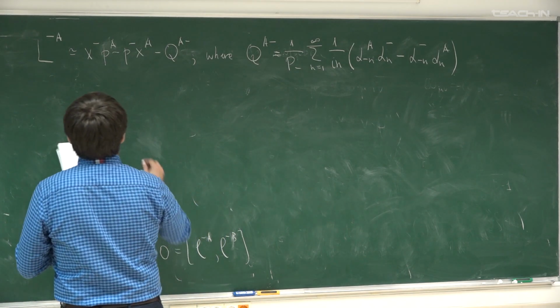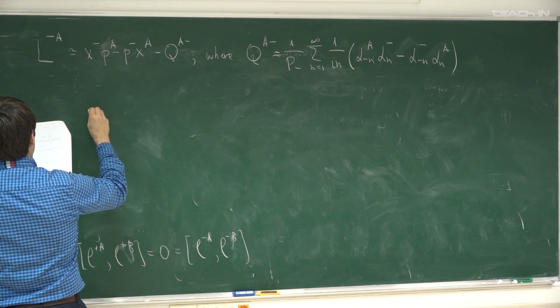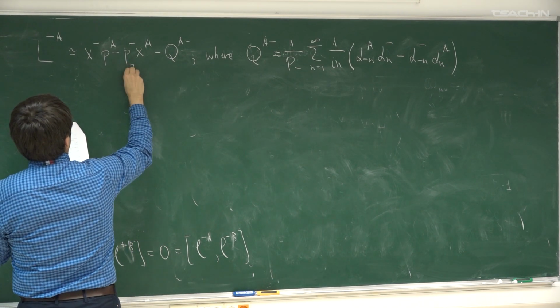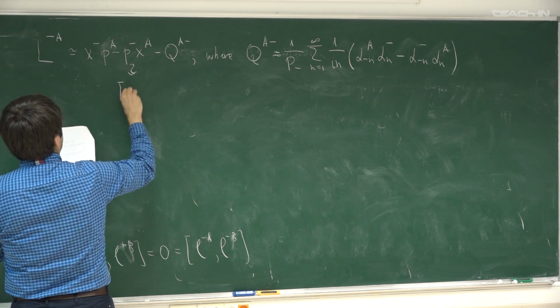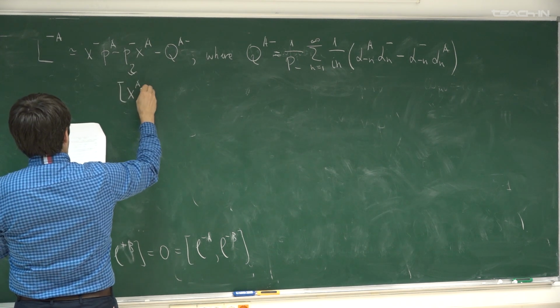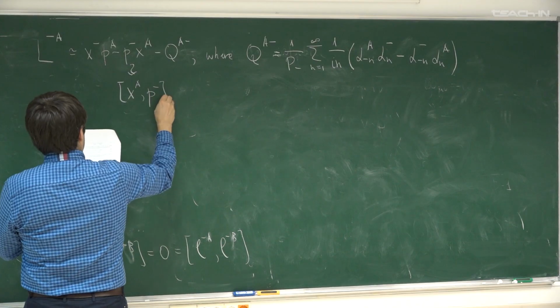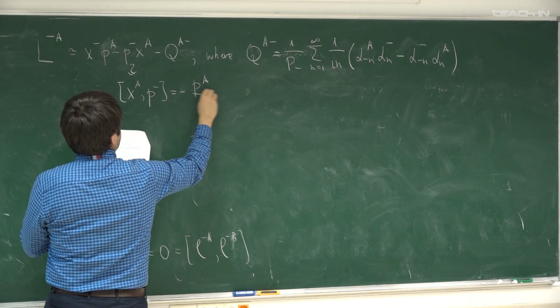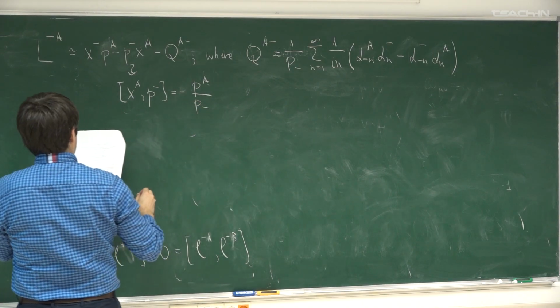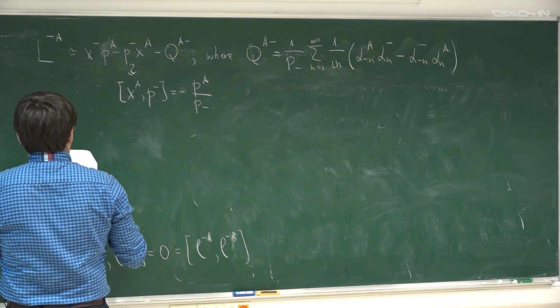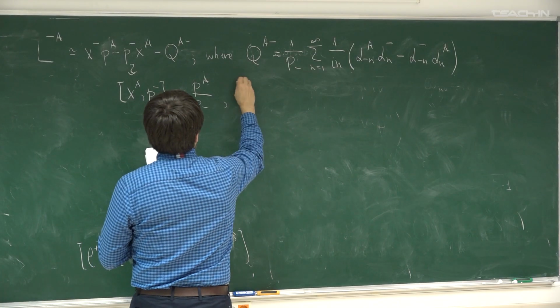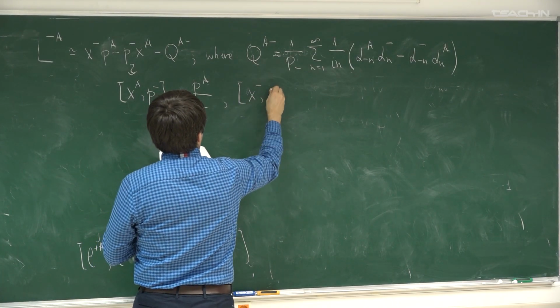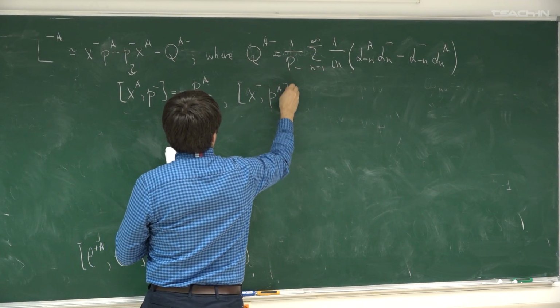So for example, here, the commutator of xa with p minus is minus pa over p minus. Then x minus with pa is 0.